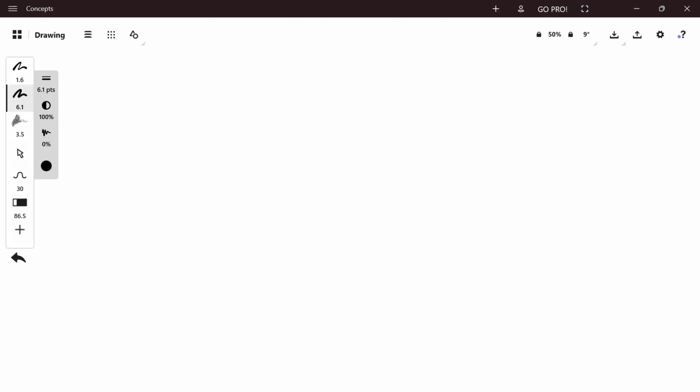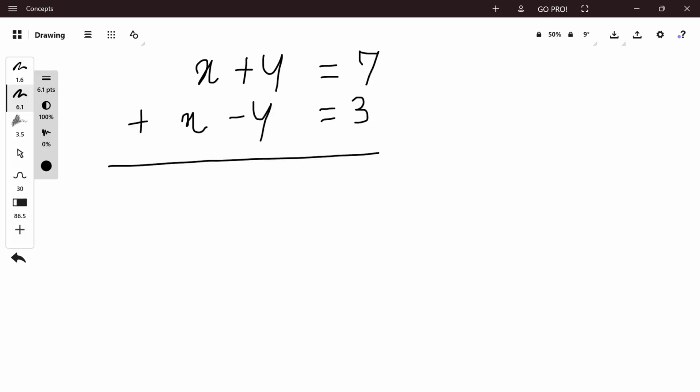Adding the two equations to eliminate y, we have x plus y is equal to 7 plus x minus y is equal to 3. That is 2x is equal to 10. x is equal to 5.